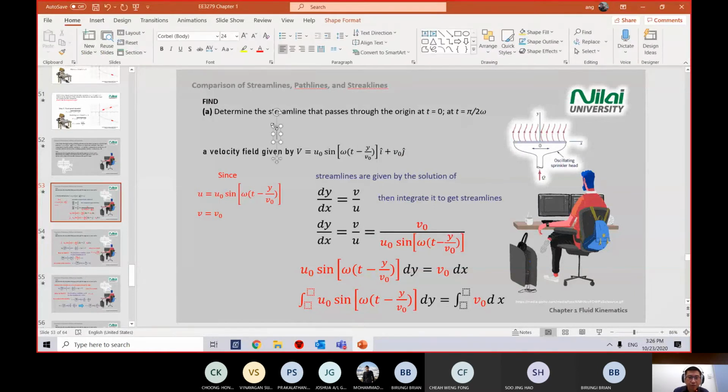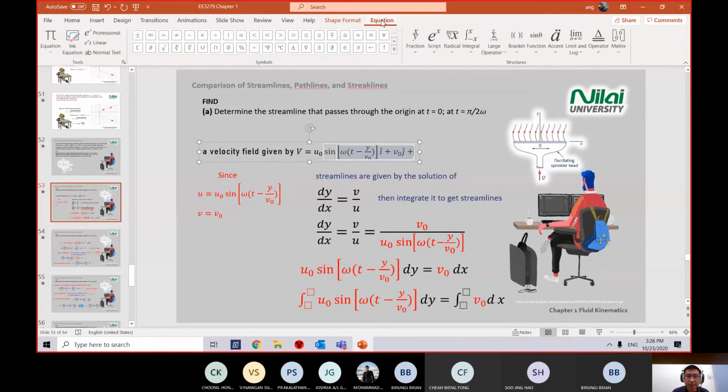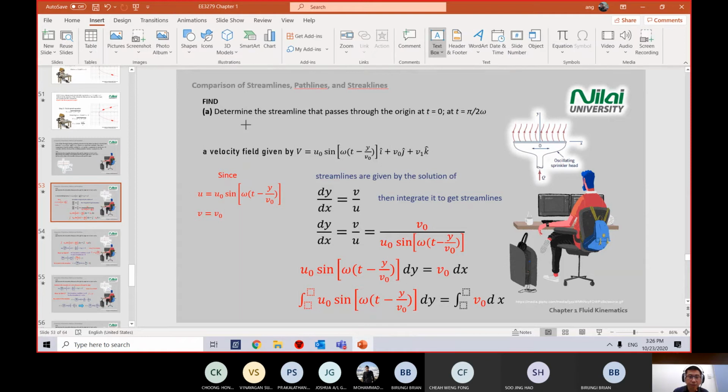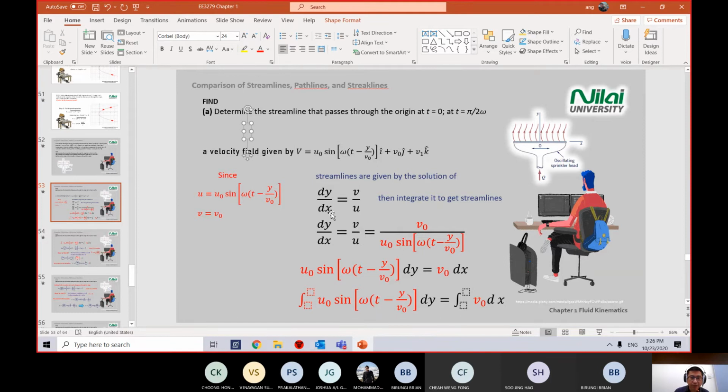The question will mention, let's say you have a third component, and then K. Let's say you have this one. Now the question will very specifically mention. The question will guide you through. So at the end, you still use the dy over dx equal to v over u.